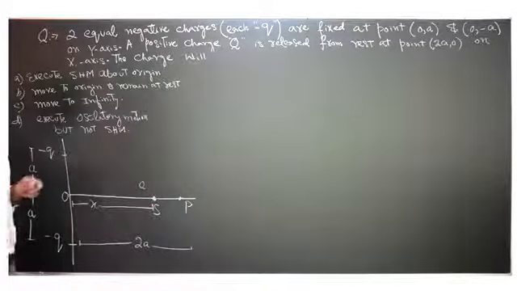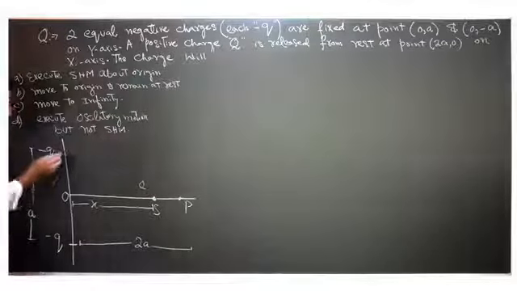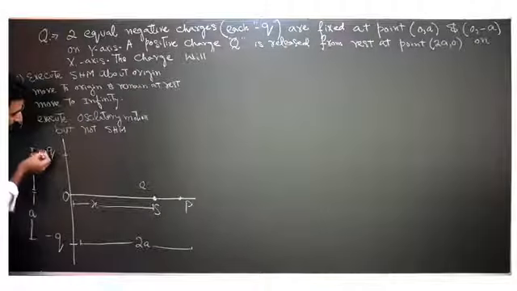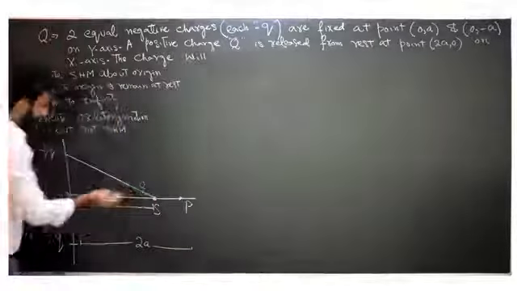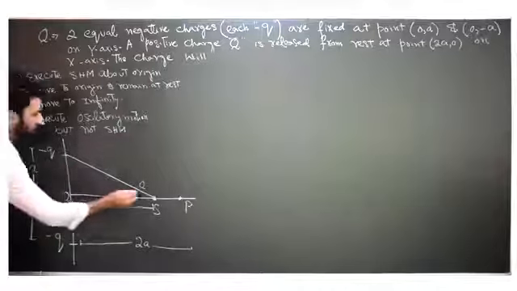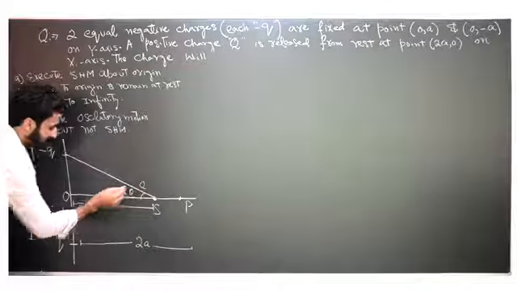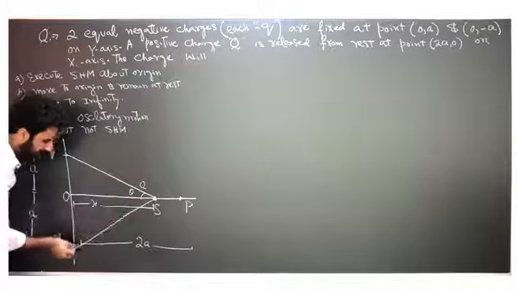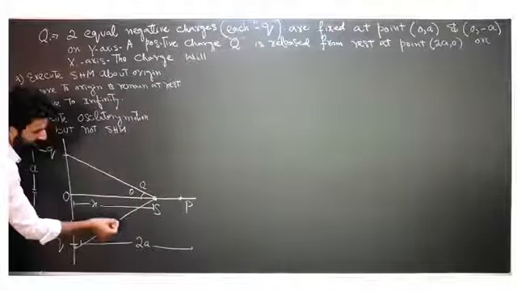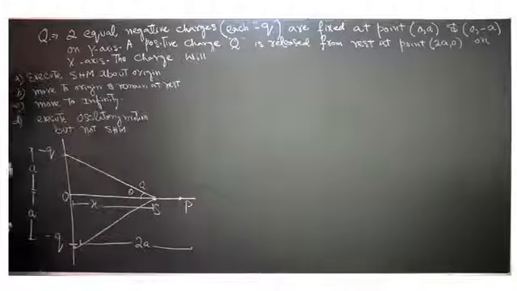This is our free body diagram. Now, let's suppose this minus q will attract this positive charge, and let's call this angle theta. Similarly, this minus q will also attract this charge, and with the same distance the angle will be theta.